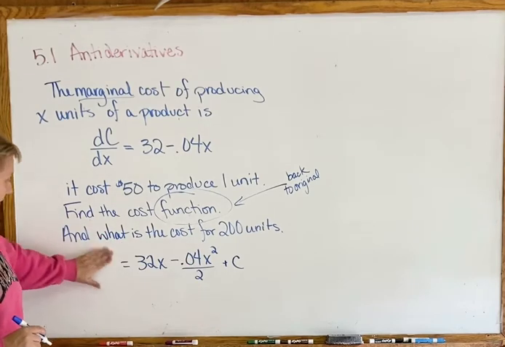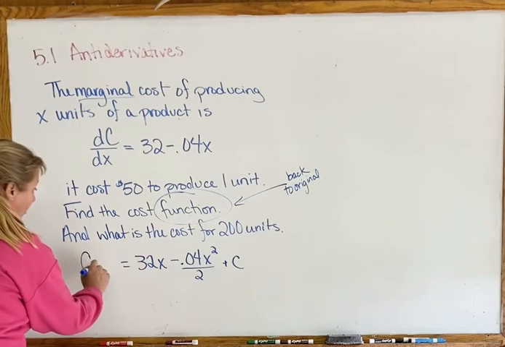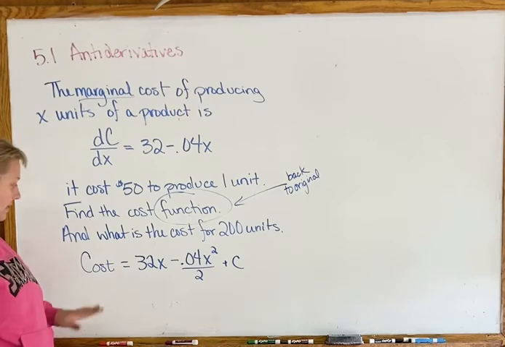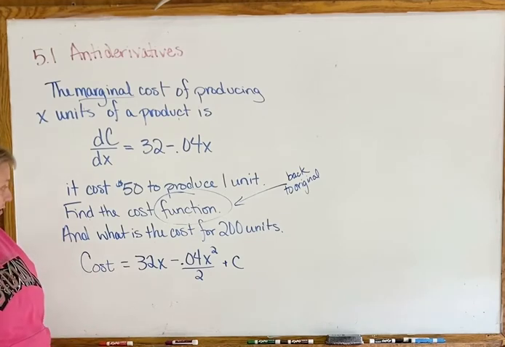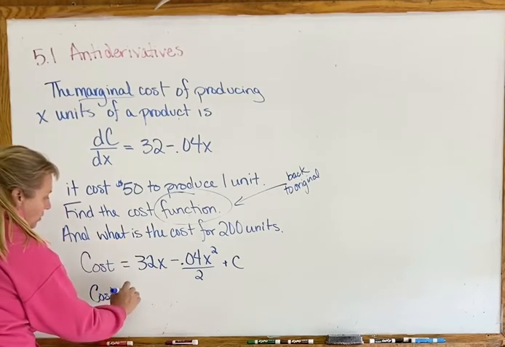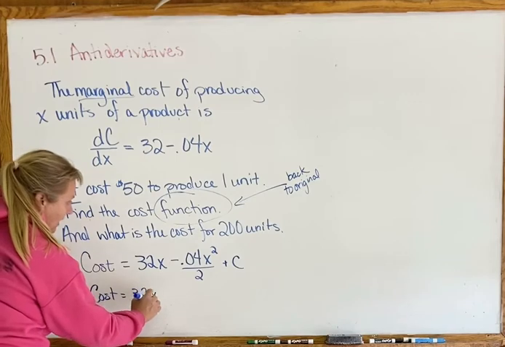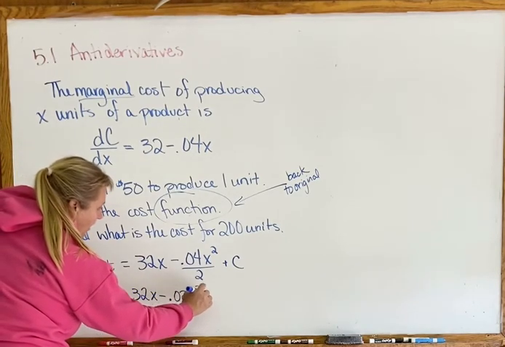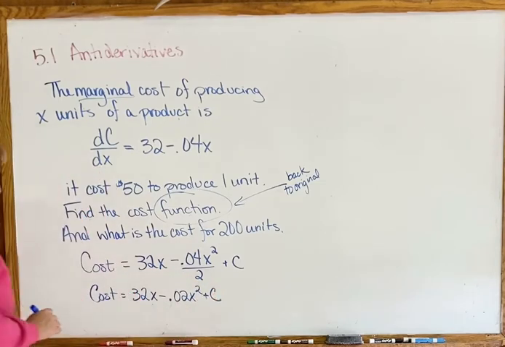So this might be a time where you actually write the word cost, because we don't want to have C's all over the place. That's going to be too much of a mess. Now a little bit of simplifying to do. So cost equals 32x minus 0.02x squared plus C.